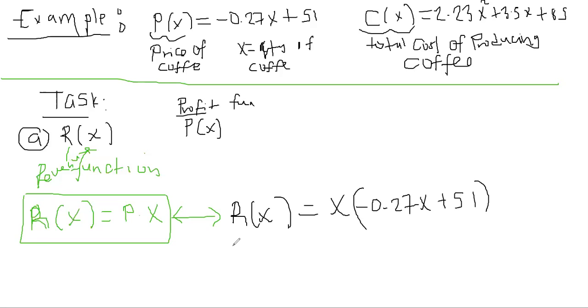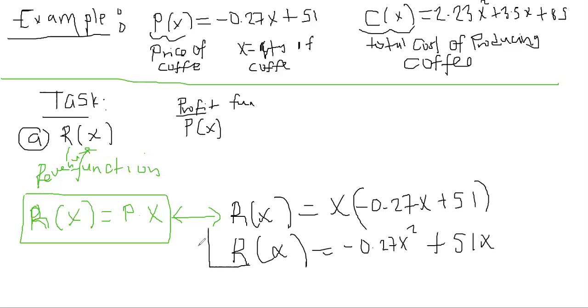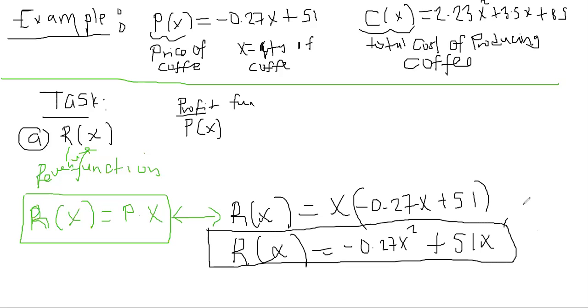So then the revenue will be what? Minus 0.27. This times this will lead to x square plus 51 x. So we have a revenue function. So by now you should know what type of equation this is. We have talked about this. Obviously, it's quadratic.